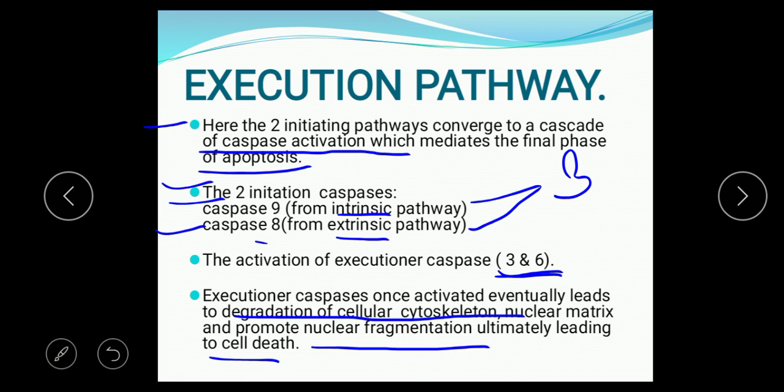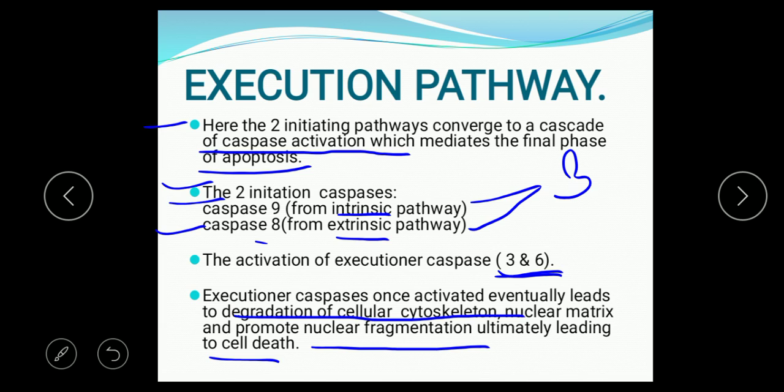Once the nucleus and cytoskeleton are cleaved, the cell starts disintegrating. Once disintegrated, phagocytic cells will come and engulf the cellular debris, and finally the cell will die, which means the process of cell death is complete. This is a very important concept and idea, guys.